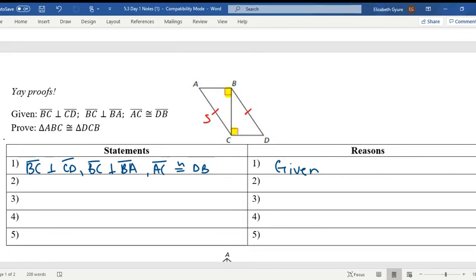Okay, perfect. Perpendicular lines make right angles. So we're either going to need to use those right angles as congruent angles, or if it's a right triangle, we could maybe use what? Yeah, the hypotenuse leg thingy. So maybe that. We don't know for sure, but we'll see.